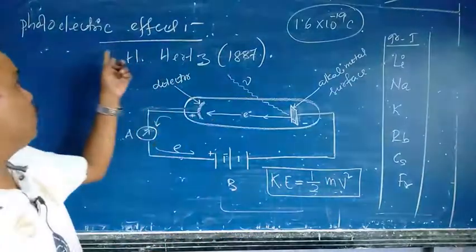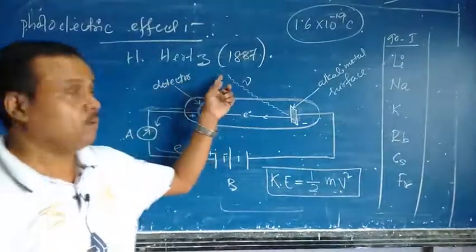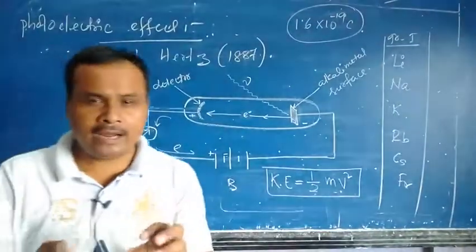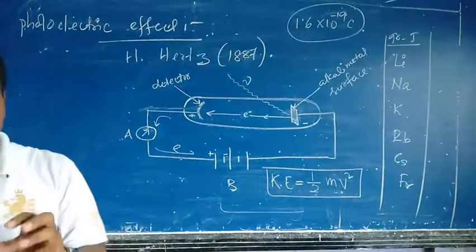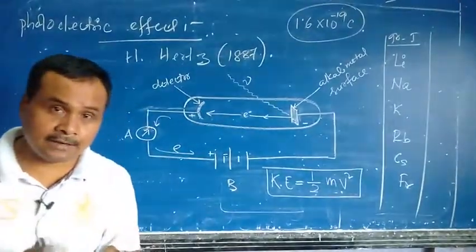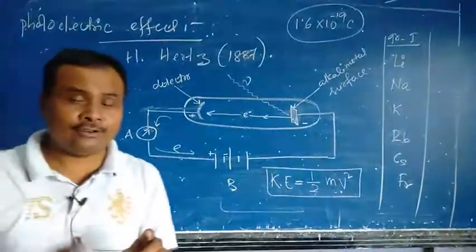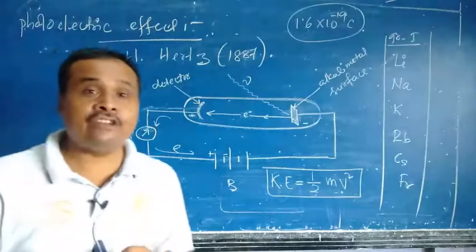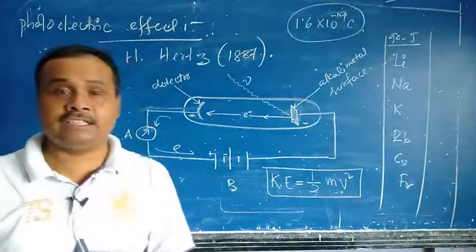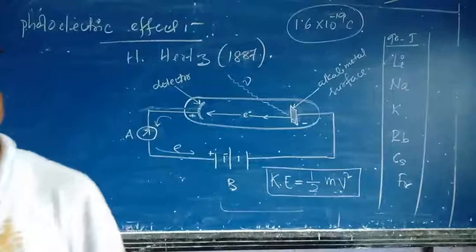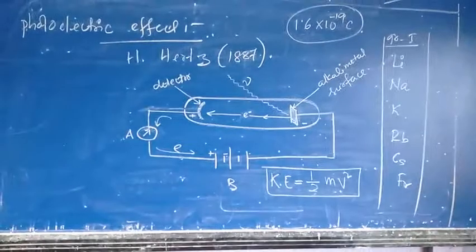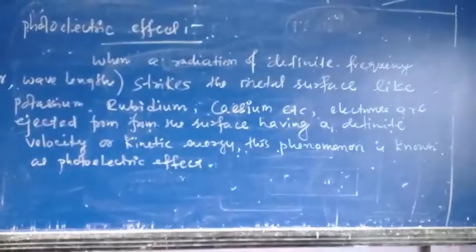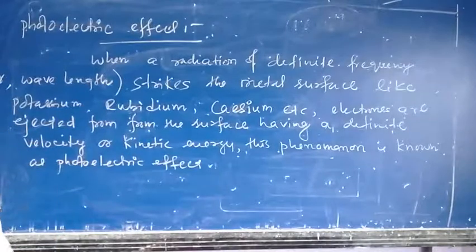So according to H. Hertz, what is the photoelectric effect? When a radiation of definite frequency strikes the metal surface, then electrons are ejected from the metal surface having a definite velocity or definite kinetic energy, and that phenomenon is known as what? Photoelectric effect. So this is the definition of photoelectric effect.